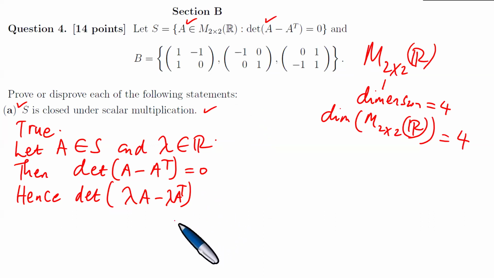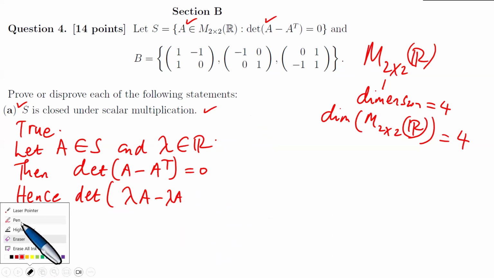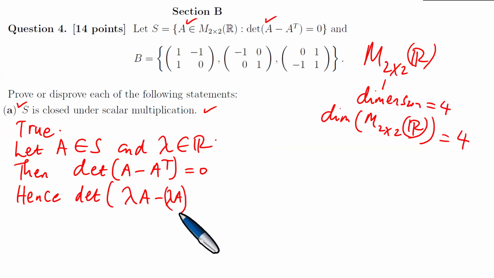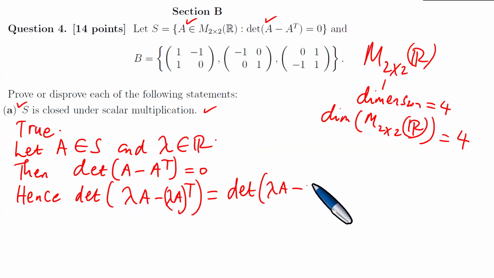And if you look at that very carefully, you can even write it this way. I think it's nicer and much smarter to write it this way: you put the transpose here. So you take lambda A minus lambda A, all to the transpose. If you look carefully at what this means, the lambda is a scalar, so it doesn't affect anything.